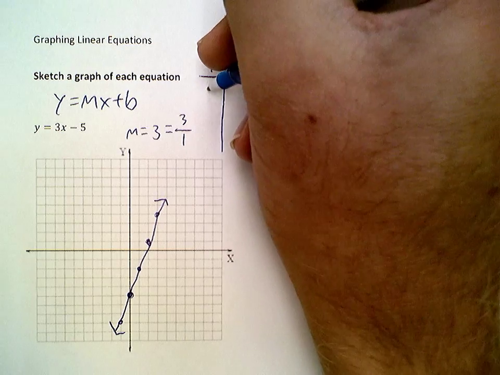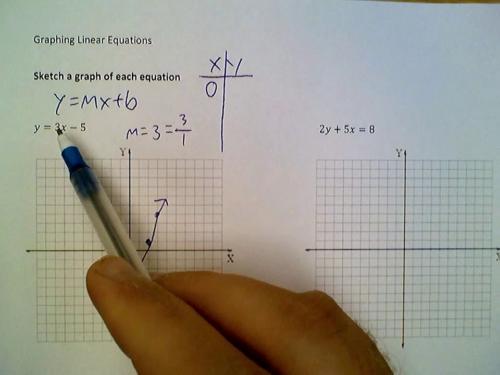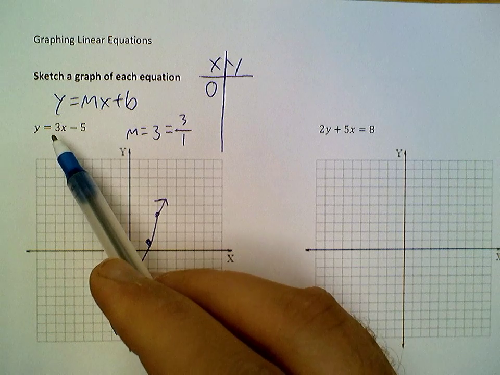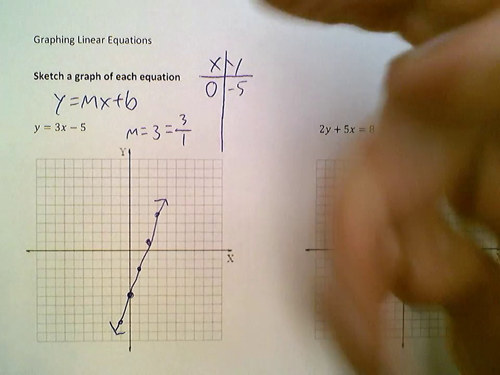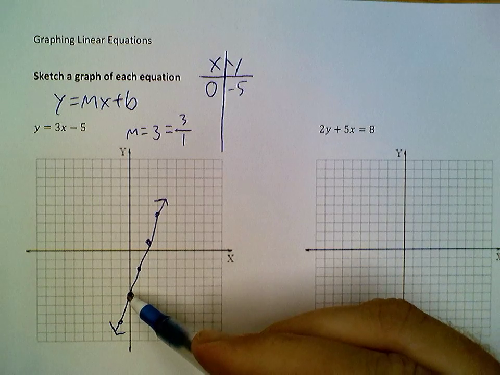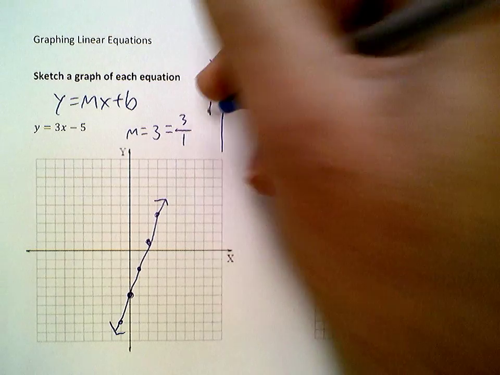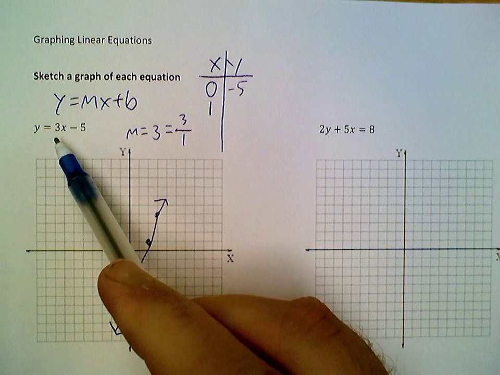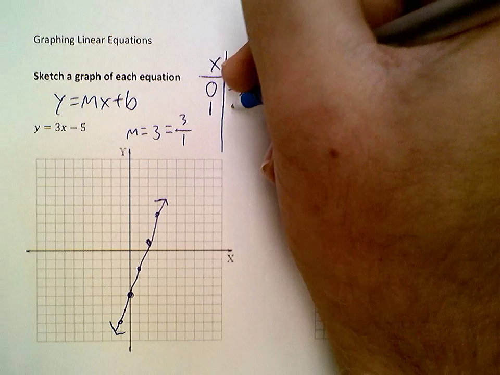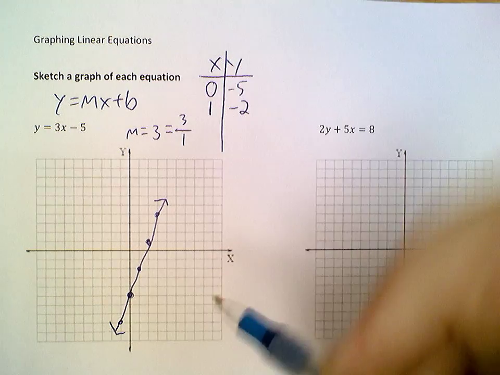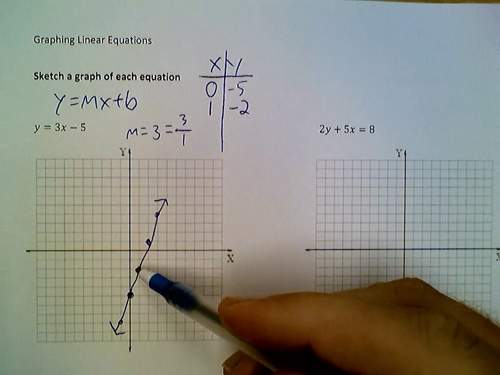If I put 0 in for x, y equals 3 times 0 minus 5, or y equals negative 5. So I've got the point 0, negative 5 I would graph. If I put in x equals 1, I get y equals 3 times 1, or 3 minus 5, which is negative 2, so I get the point 1, negative 2, which you can see is already a point I've got graphed.